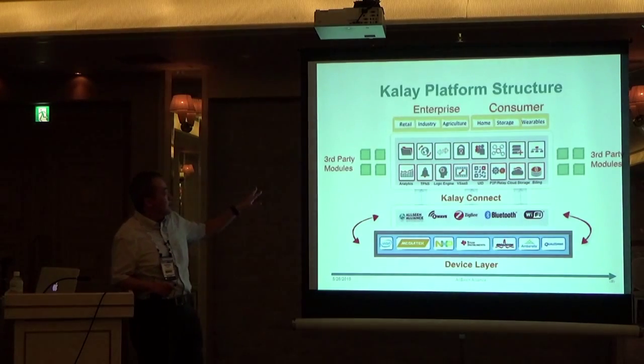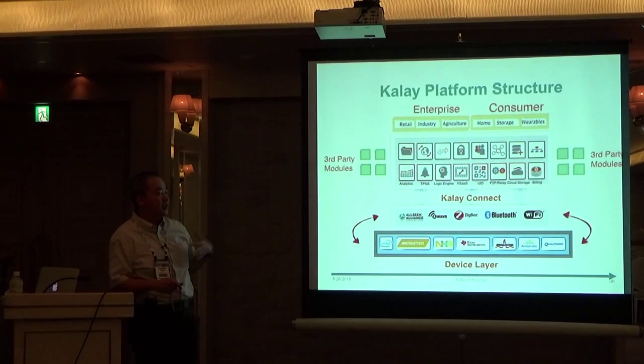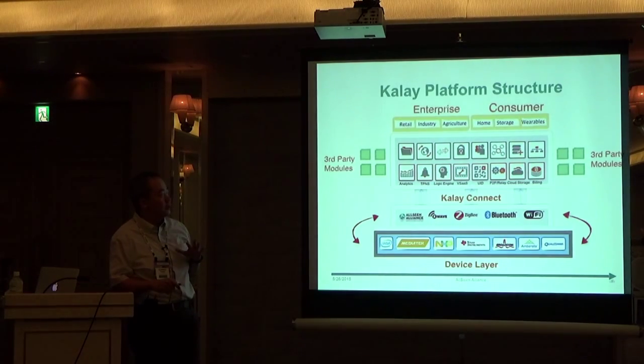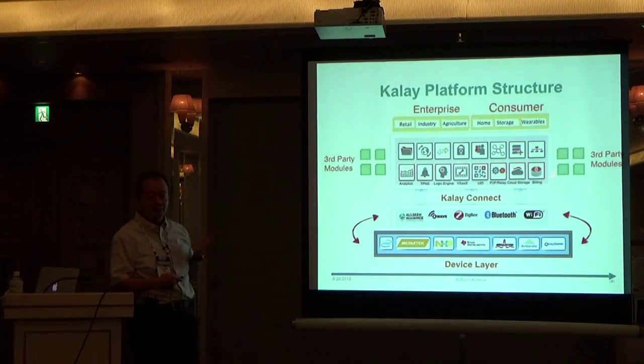We also work with third-party IoT platforms as well. We are not trying to compete with all other IoT platforms. We try to work with them. So we do have some API modules to work with other IoT platforms as well.